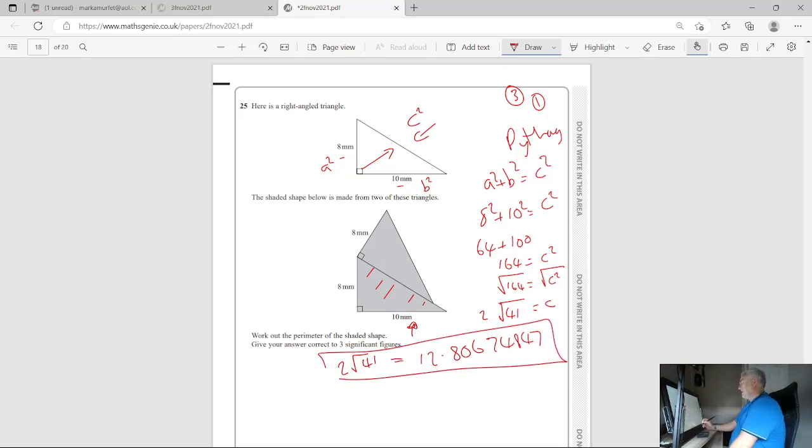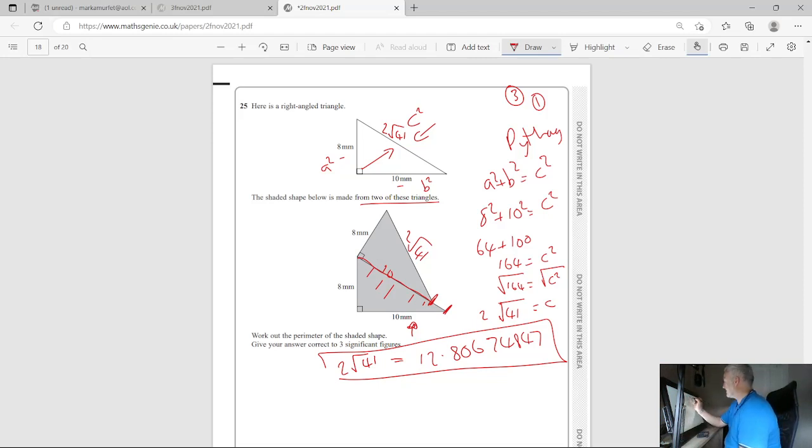Now if we think about the next triangle, we know the base of it is still 10. So this value has to be 2 surd 41 because it's two of these triangles. So that part is 10. So I need to find out what's that little bit if I want the perimeter.